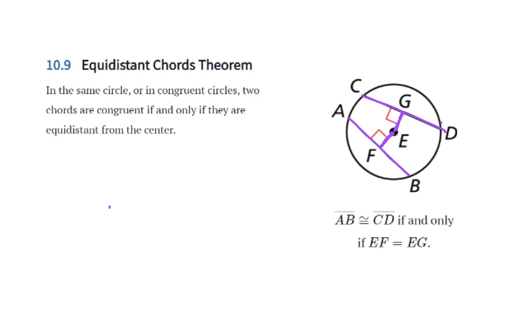If I drew another one over here that was the same length as CD and AF, its perpendicular distance from the center would also be the same. It's kind of interesting. Let's see where that takes us in terms of trying some questions.